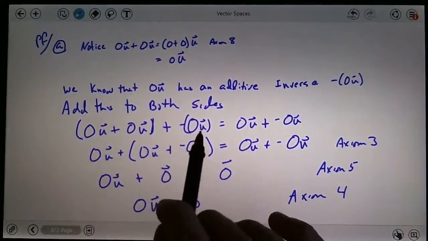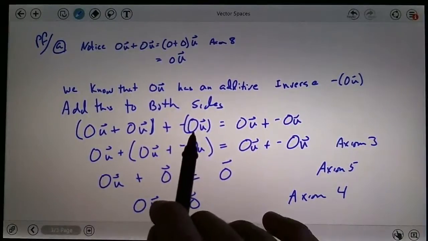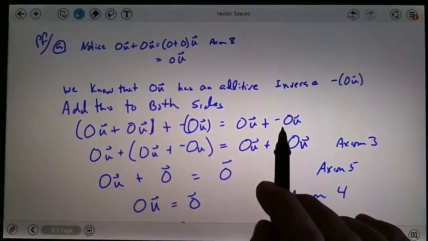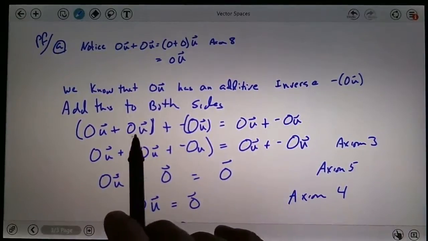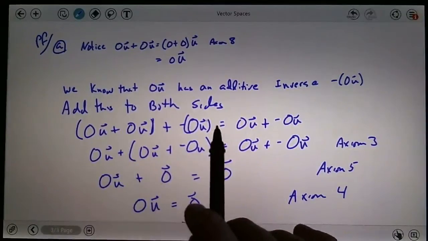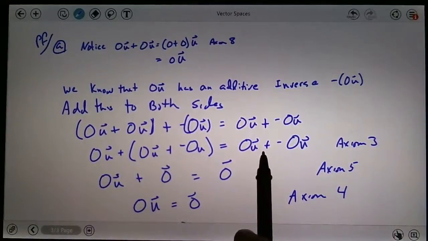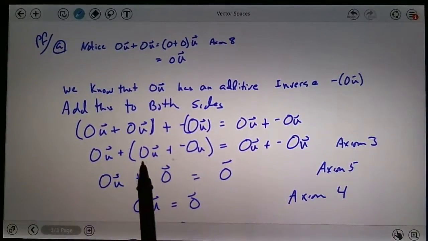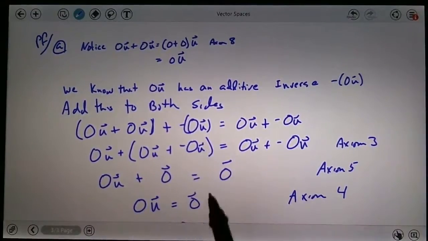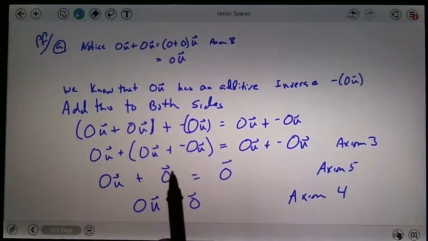I've got the left-hand side plus minus 0u, and I've got the right-hand side here plus minus 0u. And now I'm going to use an associative property here to regroup this side this way. So move the parentheses to here. Leave that side alone. Notice that inside the parentheses, this is 0u plus negative 0u. That should be a vector, which is 0.